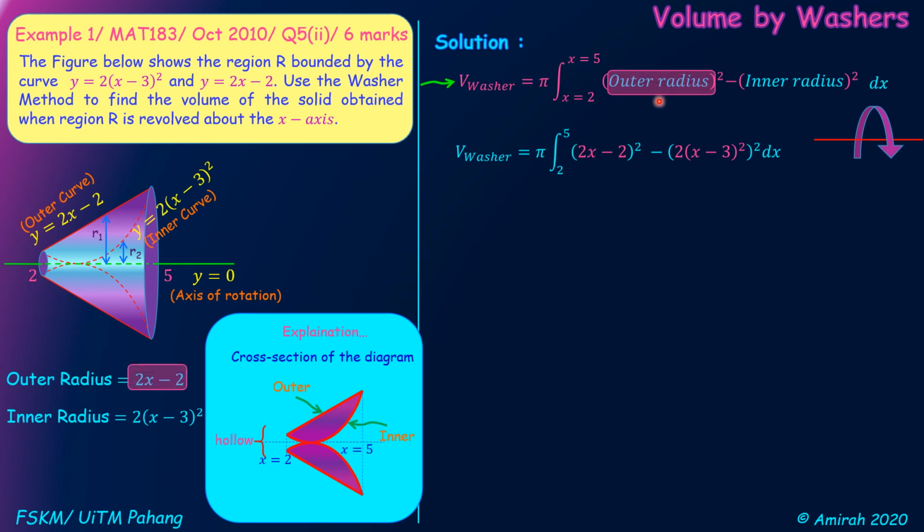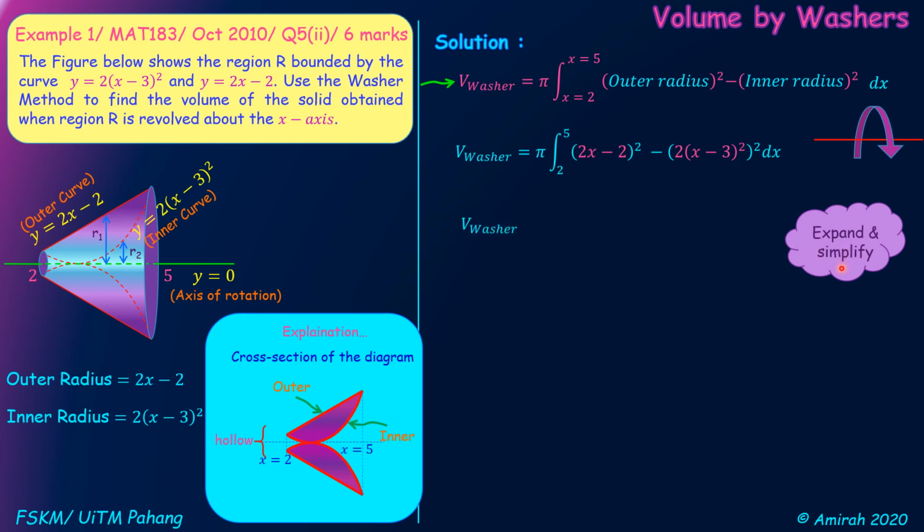So the outer radius equals 2x minus 2 and the inner radius equals 2 times (x minus 3) squared. After that, we need to expand and simplify. So volume by washer equals pi times the integral from 2 to 5.